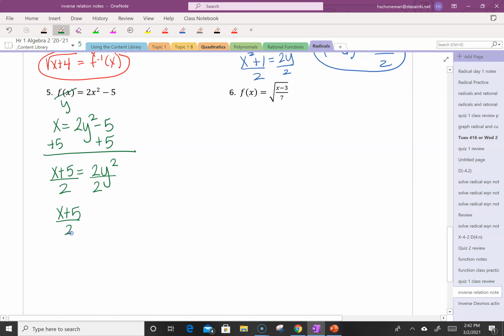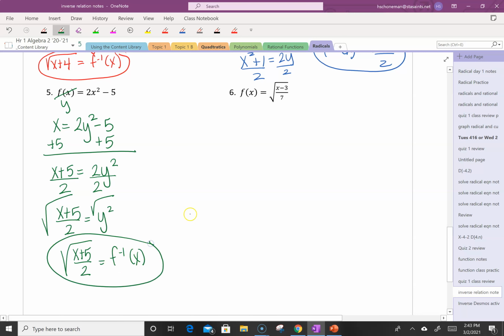So I have (x plus 5) over 2 equals y squared. Now we're going to take the square root. So on the left, the entire fraction is under the radical, and that equals, and then we're going to use our inverse notation.